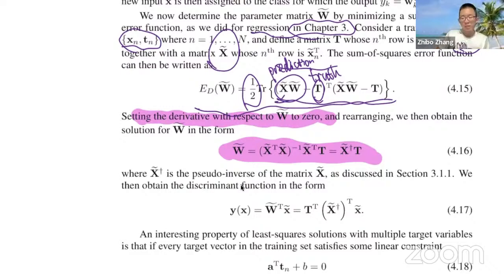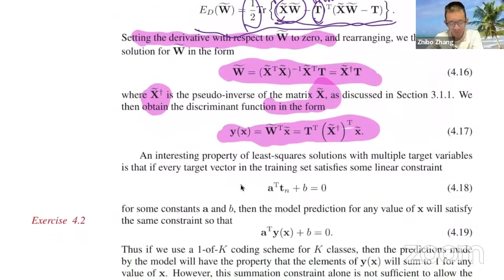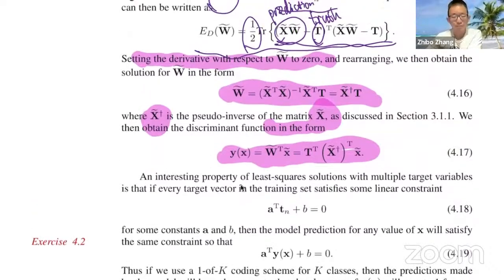Because it's just taking the derivative, setting the derivative to 0, and then deriving the optimal solution for W, okay? So this thing is the pseudo-inverse of the matrix X-tilde. Okay, we obtain the discriminant function in the form of this. Nothing hard up to now.